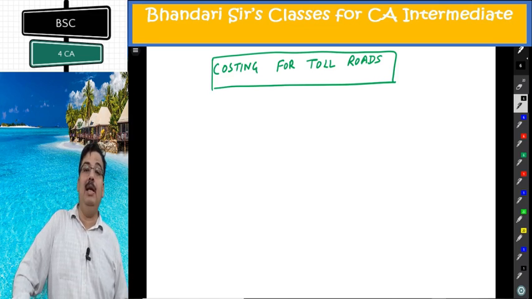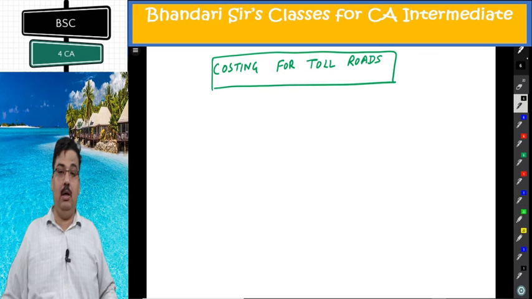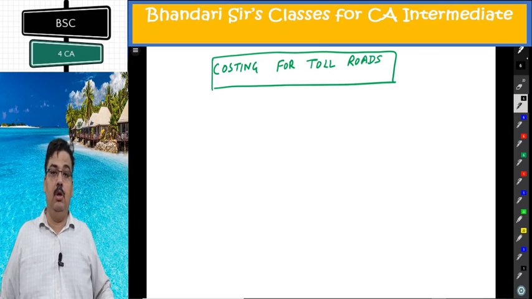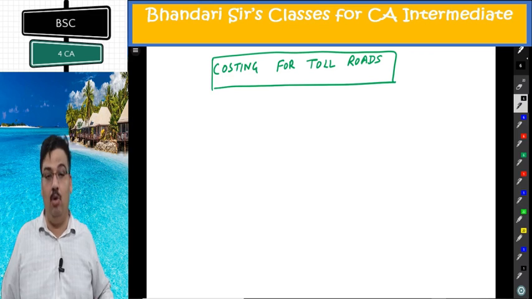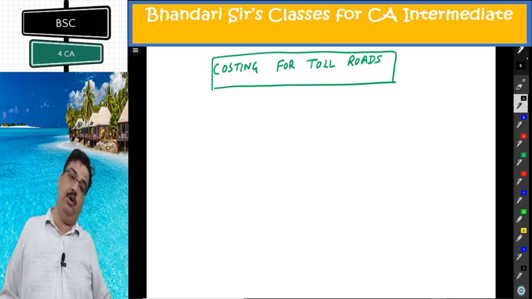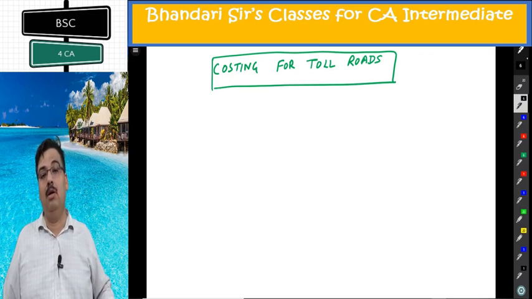So the company is required to construct a particular highway and they are allowed for 5 years, 6 years to charge toll tax, which will help in the maintenance of that highway also. And then later on maybe transfer it to the government.